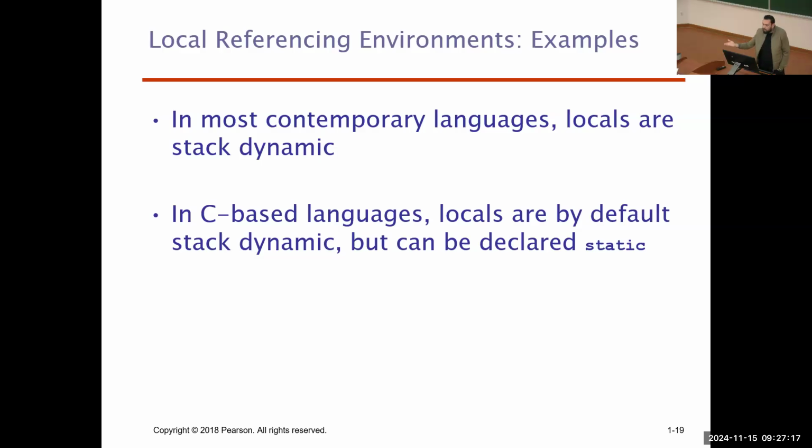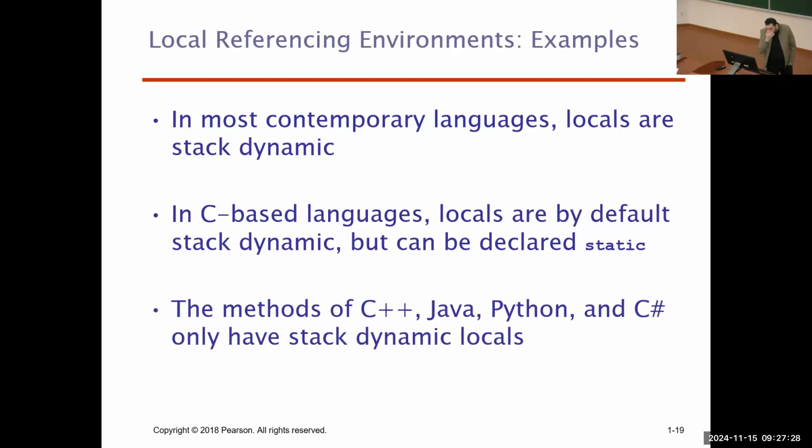Malloc, new, delete, right? So these are manual if you want to use the heap. In Java, a heap is used automatically, and there is a garbage collector. Now the methods of C++, Java, Python, and C# only have stack dynamic locals.